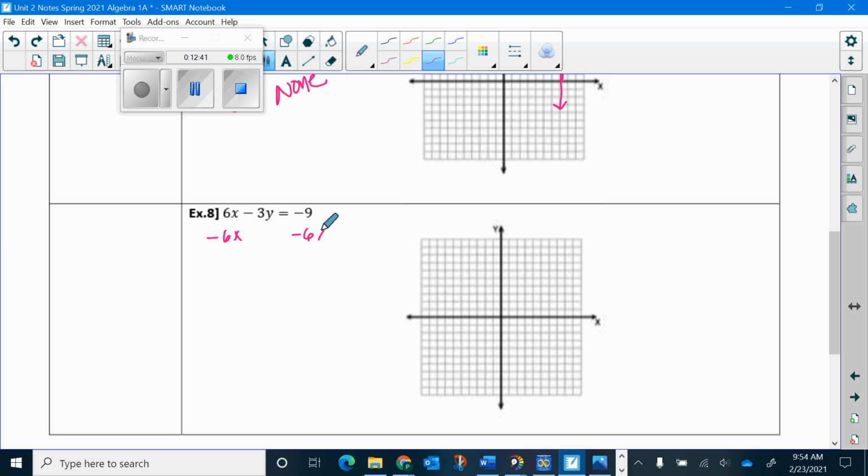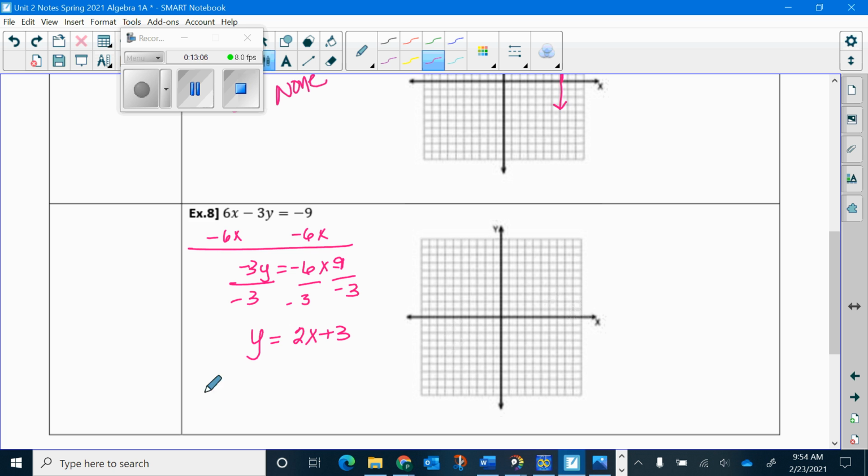Minus 6x, minus 6x, I end up with -3y equals -6x minus 9. Divide by -3 on all terms, so I end up with y equals negative and negative is a positive. 6 divided by 3 is 2x. Negative is a positive. 9 divided by 3 is +3.